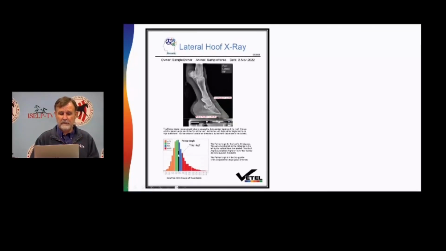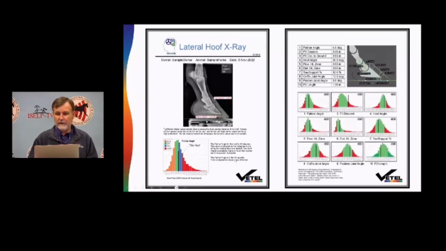The little black line here is this patient's palmar angle relative to the database of normal. And then on page 2, we list out all 10 indices that we measure. We then plot this particular horse, the black line is this horse, in terms of where it's normal or not normal, and gives you a very quick reference point as to what do you need to do for this horse's foot to bring this index back into a normal range.